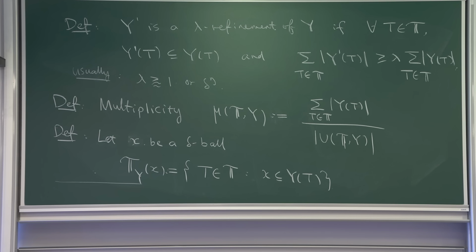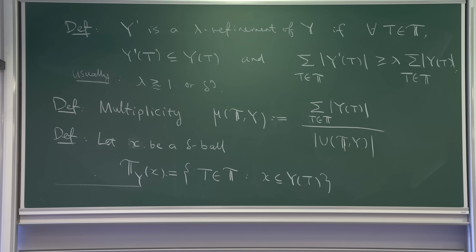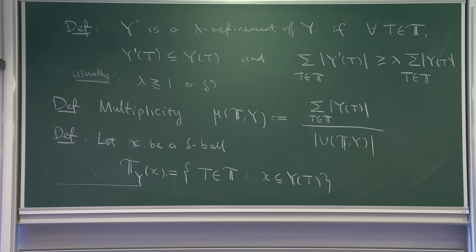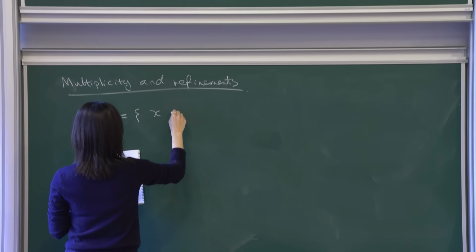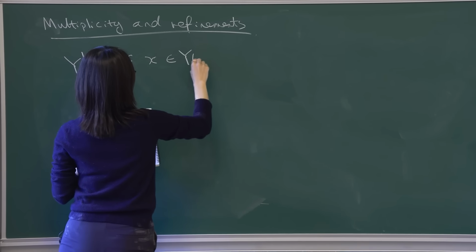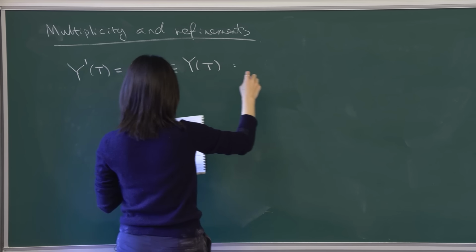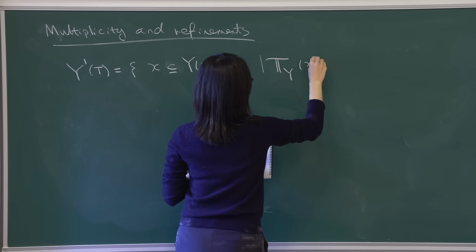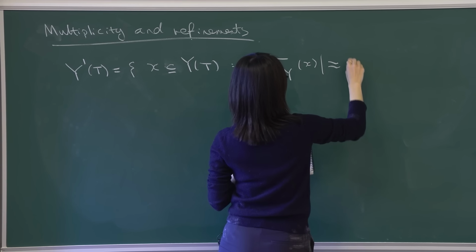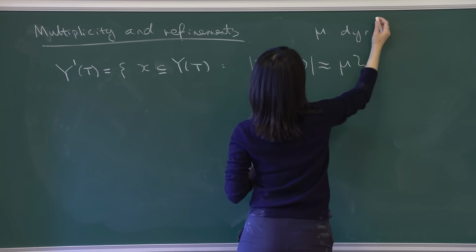What we are going to do is define Y'_T as the set of x in Y_T such that the multiplicity is roughly mu, where mu is a dyadic number.